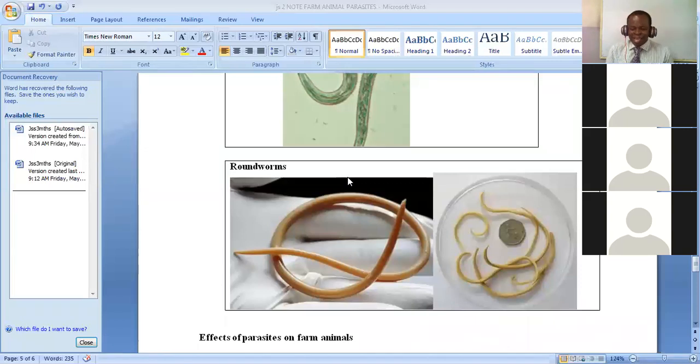Let me answer that. Number one, the worms are so many and they reproduce easily as they eat the food that the host eats. They suck the blood and they get ready nutrients. They don't need to digest the nutrients. They get already digested nutrients from the blood. Now, so that individual will be eating plenty of food and yet growing leaner because all the food will create nutrients and food for the endoparasites.